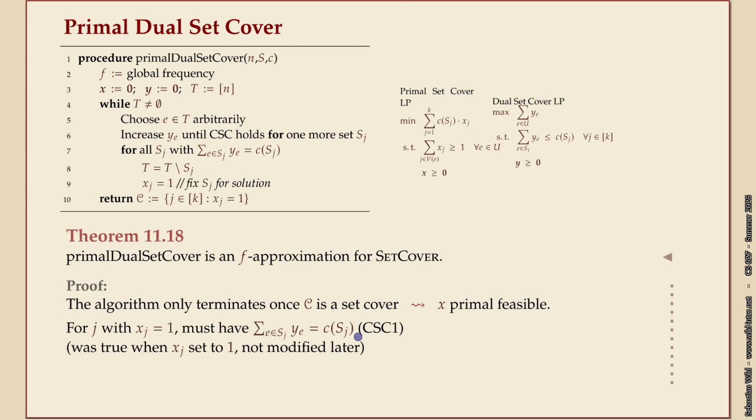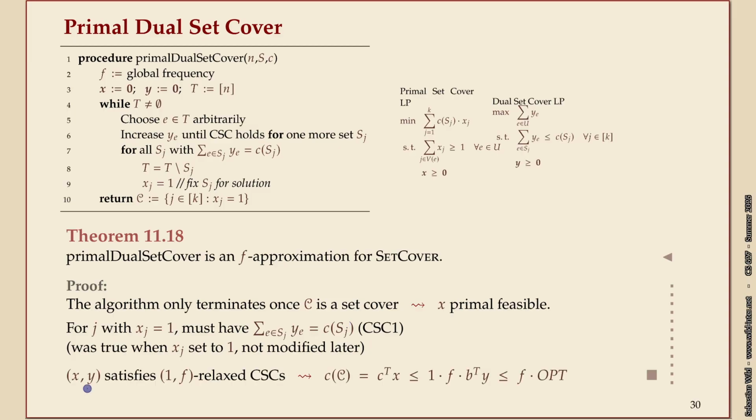So if that's satisfied with equality now, we're actually never going to change it. That only depends on the elements y_e for elements in this set, and we only ever change y_e's for elements that are still in T, but we've removed all the elements from S_j. So this was true now and is not going to be modified. So we'll keep that at equality.